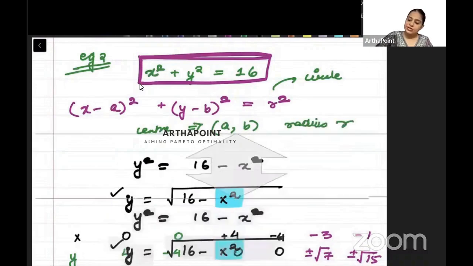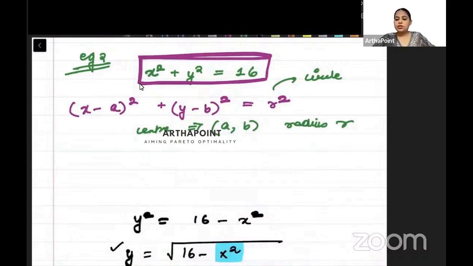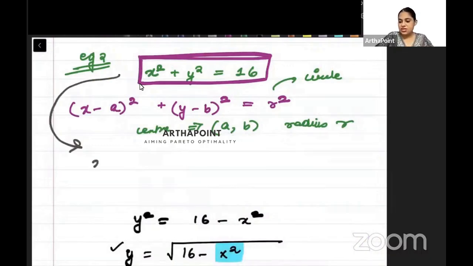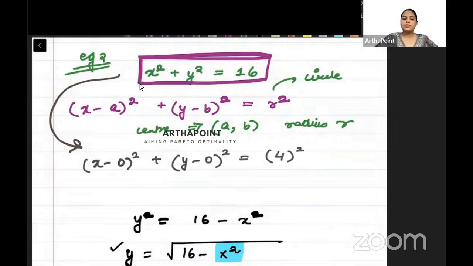So if I compare this equation, this can be x minus 0 whole square plus y minus 0 whole square equal to 4 square. So the center of the circle is 0, 0 and the radius of the circle is 4.